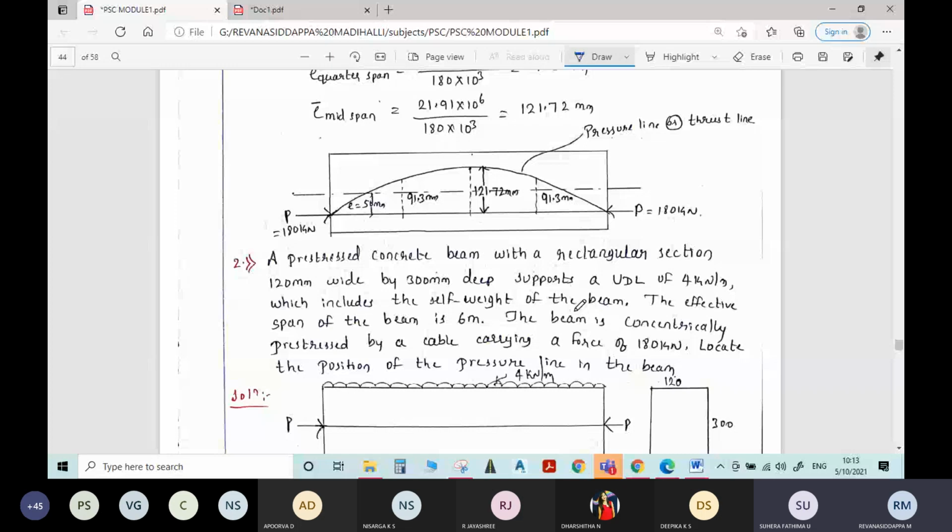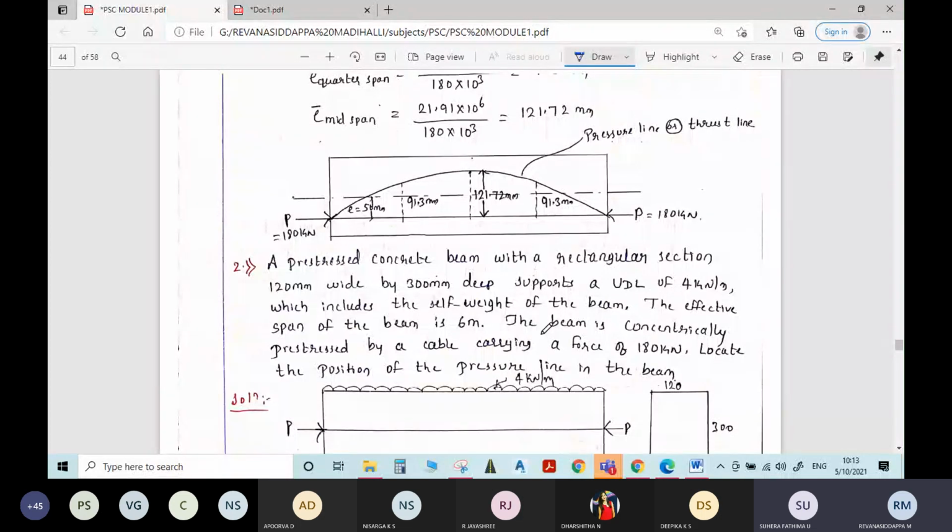See, sir, here in the second problem you see, the beam supports a UDL of 4 kN per meter, which includes the self weight. Means self weight is already included. Then no need to find the self weight. Directly you find the moment for this load given. Where it is said exclusive, then you need to consider self weight.